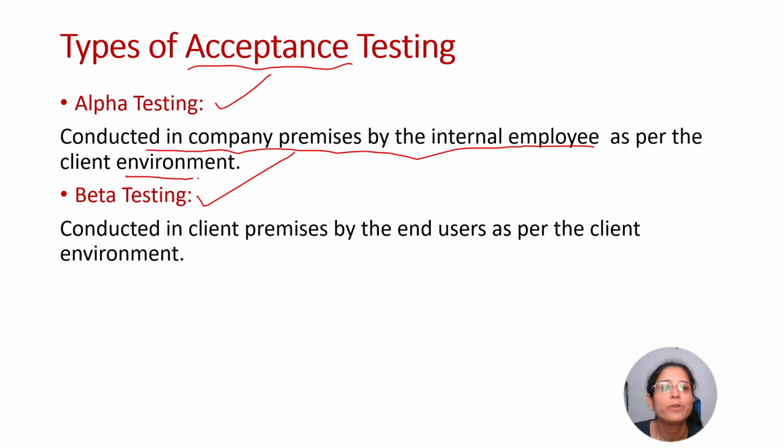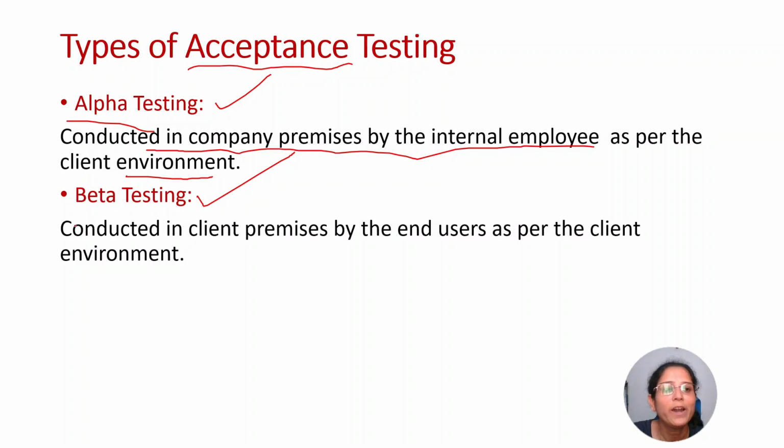As I told you, there will be a second approach where the client visits the company side and comes up with a set of business scenarios and requests the testing team to perform the testing, but the environment should be the client environment and the premises should be the company premises. That is why it is called alpha testing.